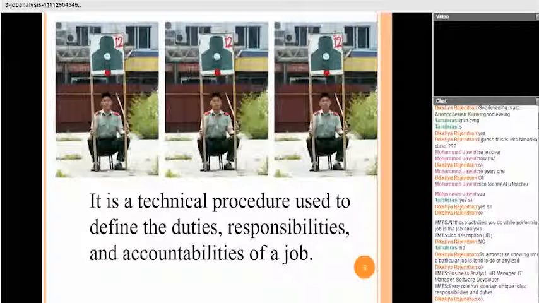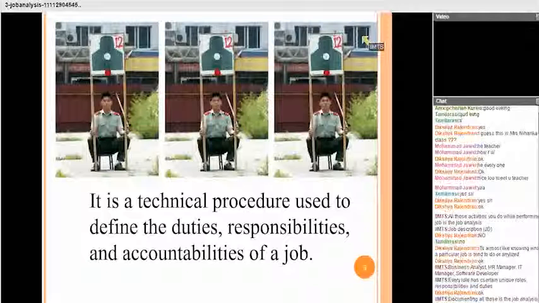Documenting all those is the job analysis.